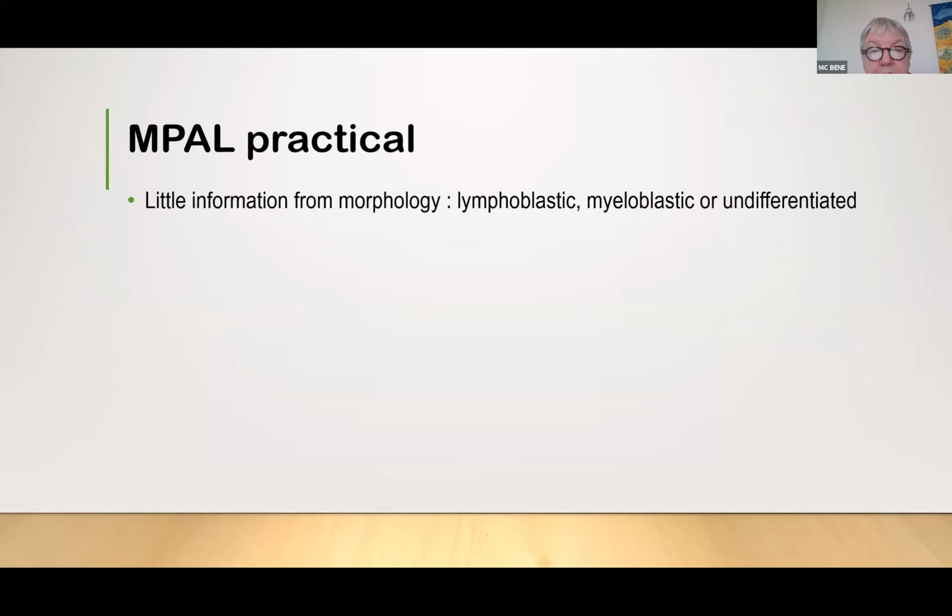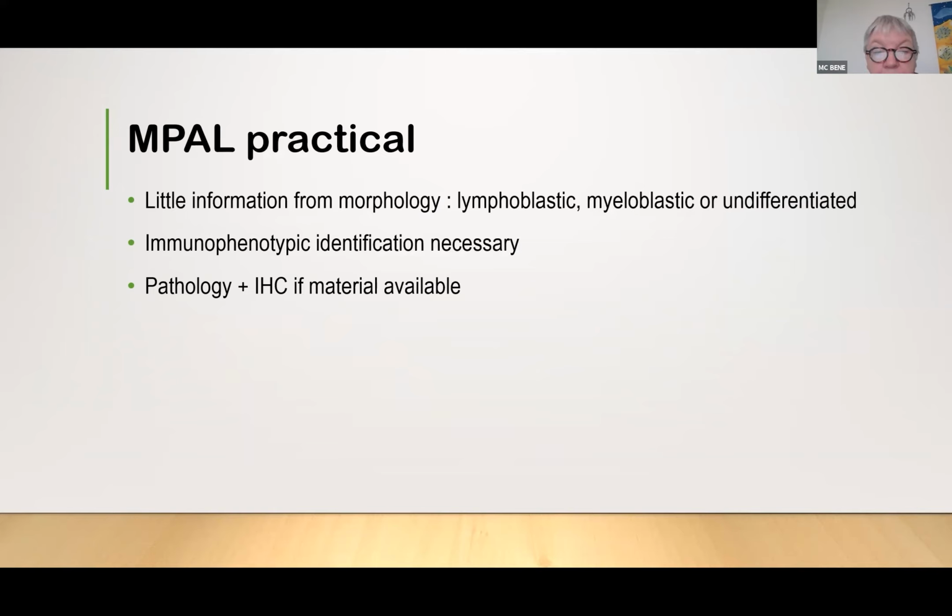So in summary, MPAL practically is that we have little information given by the morphology. It can be lymphoblastic, myeloblastic, or undifferentiated. Immunophenotypic identification is necessary. If you can do a bone marrow biopsy, do it and use immunohistochemistry if you have this material available. And don't forget to use PAX5 because it's going to be useful in that context.